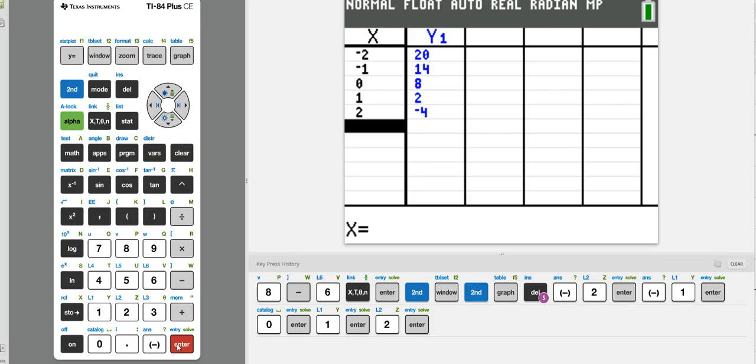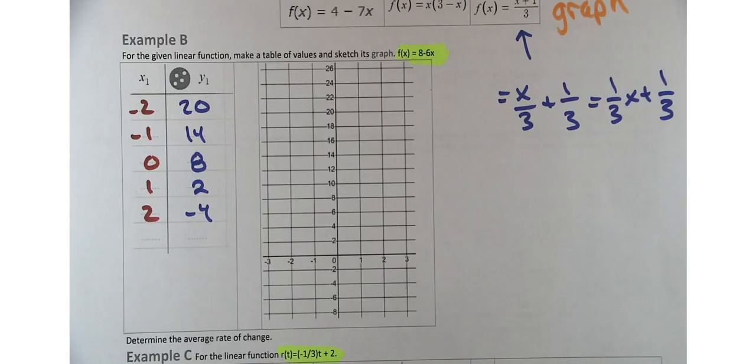All right, so I've got some nice points here: -2 and 20, -1 and 14, 0 and 8, 1 and 2, and 2 and -4. All right, so we can connect the dots with these. Let's graph them.